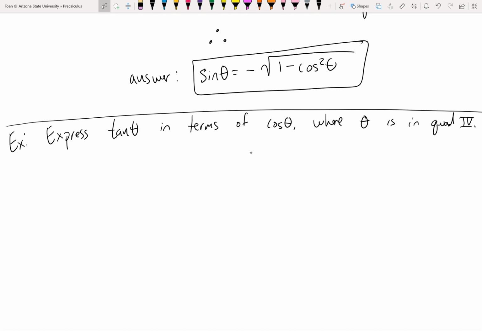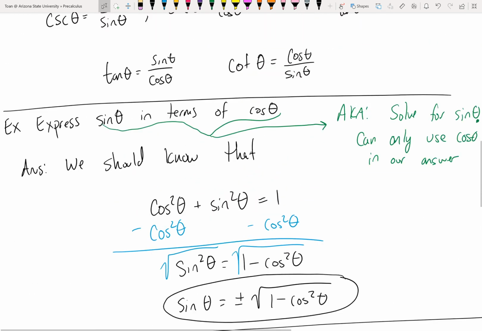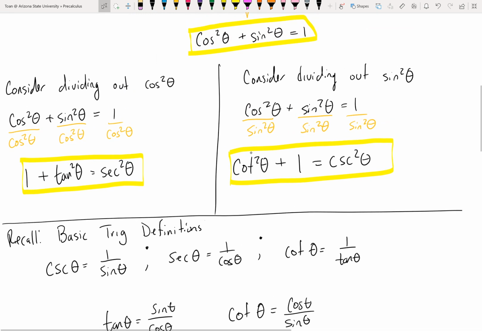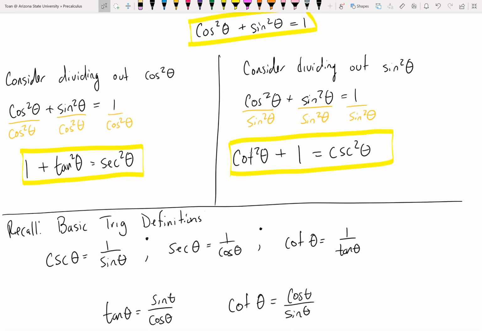So I want to relate tangent in terms of cosine. Well, we have to think of our identities and our basic definitions. So going back here, I would scan my eyes: are there any identities that connect tangent with cosine? Tangent with cosine. So not this one. This one uses tangent, but that's secant.